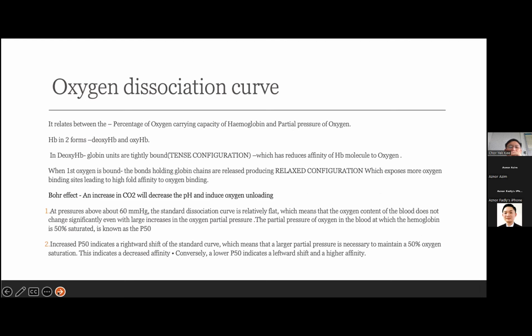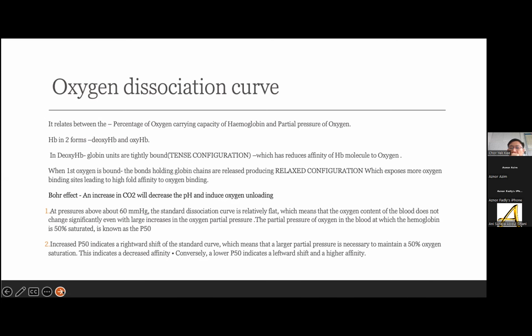However, when one single oxygen is bound to this tightly bound globin chain, it releases the deoxygenated hemoglobin configuration from tense to a relaxed condition, which means that when the first oxygen is bound, the second, third, and fourth oxygen are easily bound to the hemoglobin.